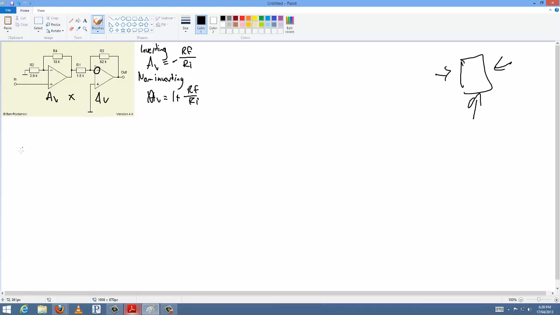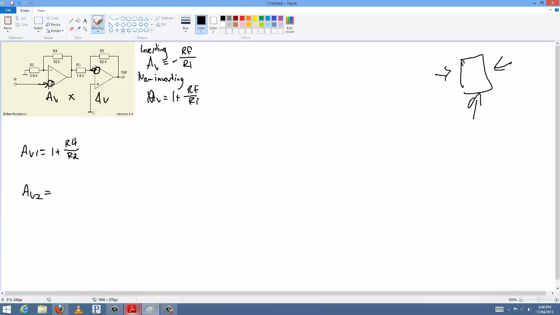So if we work out for AV1, we see that it's a non-inverting because the input is going to the positive terminal. Then it's going to be 1 plus R4 on R2. AV2 is inverting because its input's going to the negative terminal, ground's going to positive.